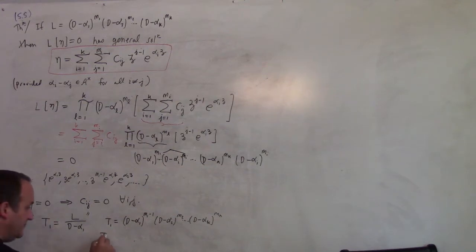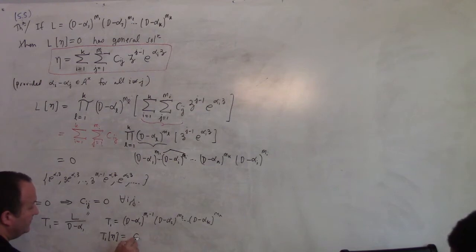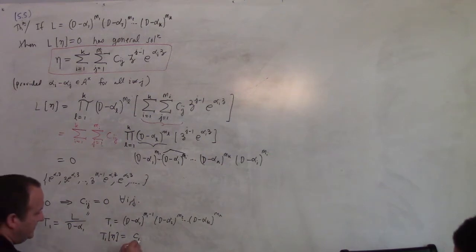So T1 acting on eta just ends up giving you C1, j equal to M1, C1 M1.